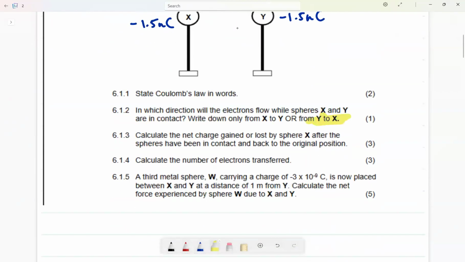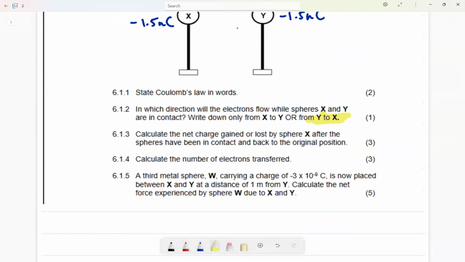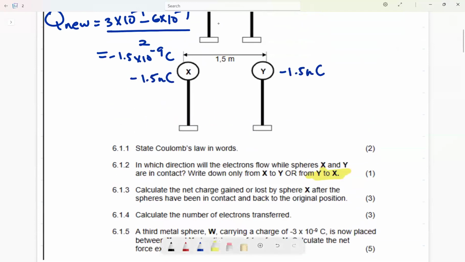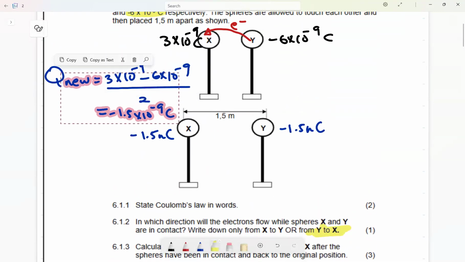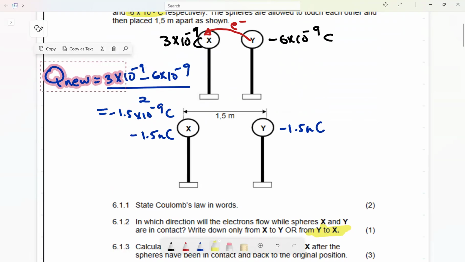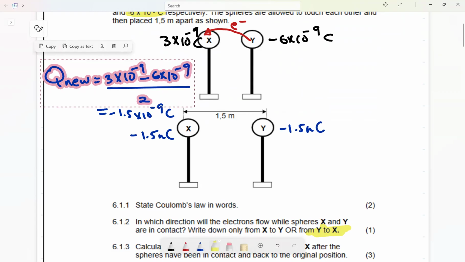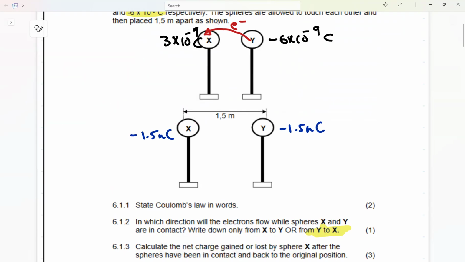Calculate the net charge gained or lost by sphere X after the spheres have been in contact and back to the original position. First things first, you need to calculate the new charge, which we did precisely and nicely.